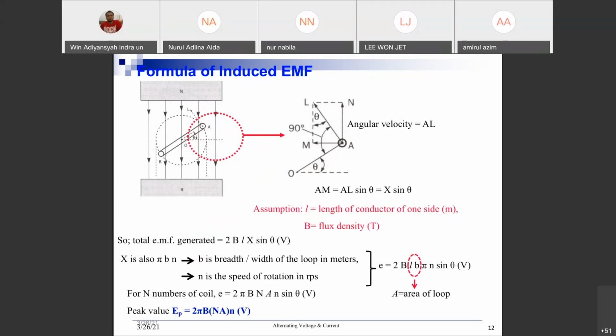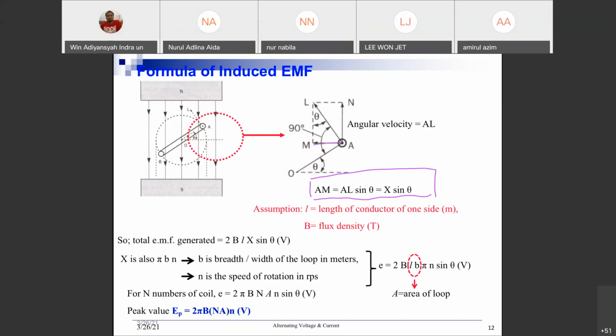Okay, this one. There is one formula that you have to understand here, of induced EMF. From this one, AM is this one.